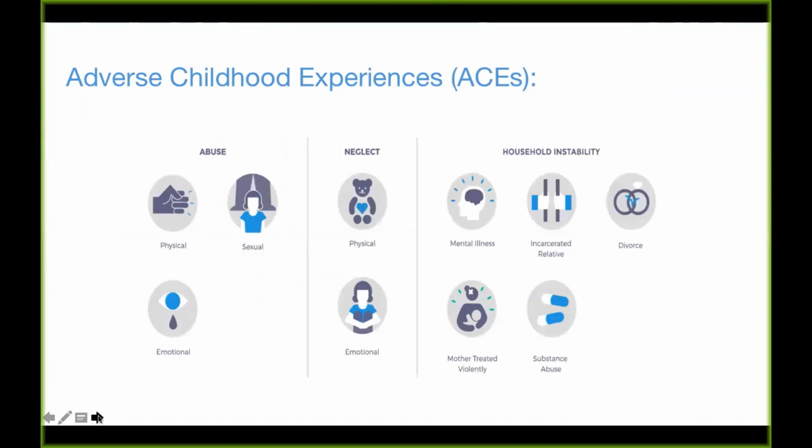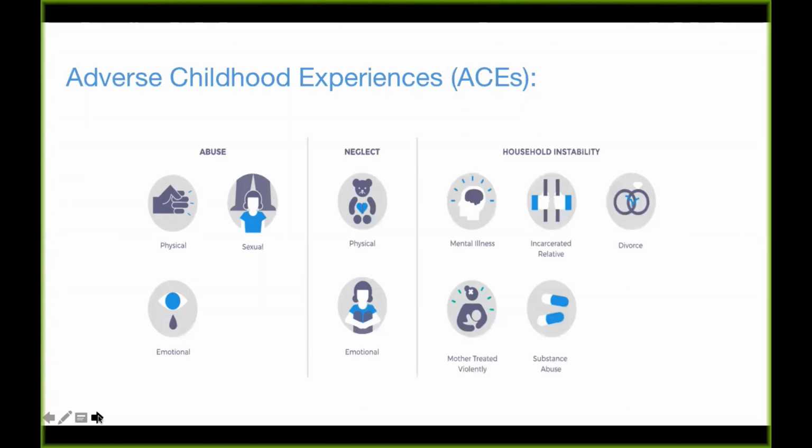The study had over 17,000 participants who were primarily Caucasian and college educated. So this study is the basis for the core 10 ACEs that are often characterized into 3 categories that you see here: abuse, neglect, and household instability.